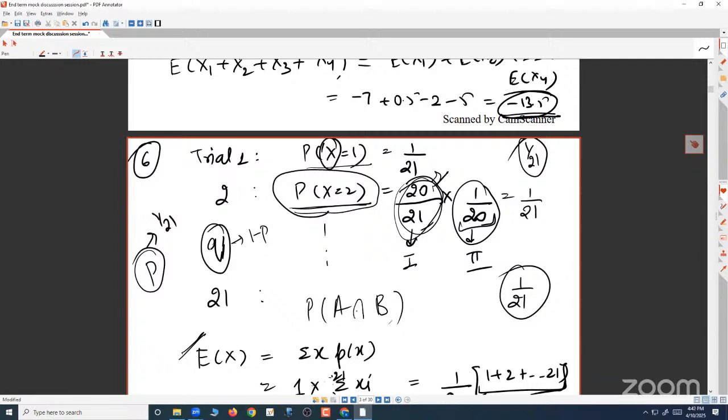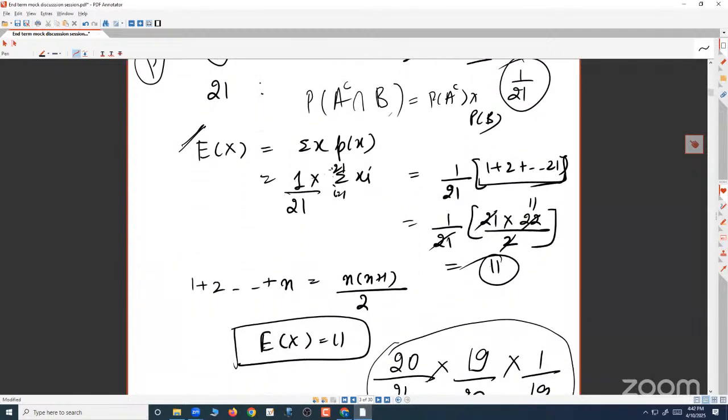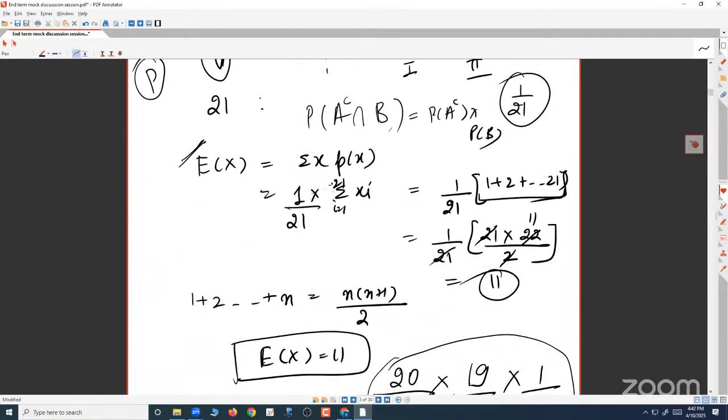So I would be calculating A complement intersection B, which is probability of A complement into probability of B. You remember this thing? Yes, ma'am. We apply this to probability of A complement intersection B, and we will be getting all these values.